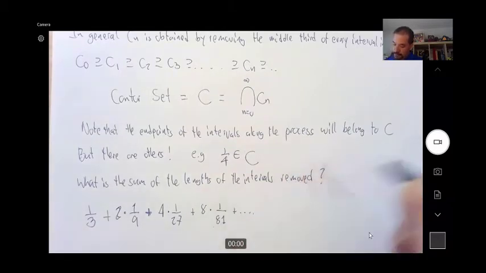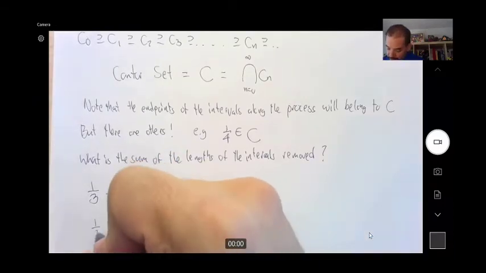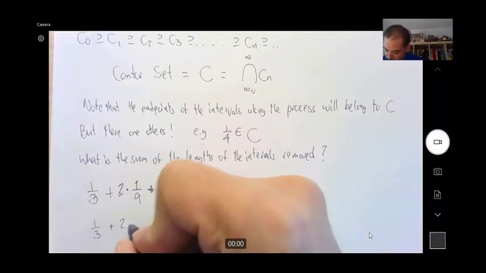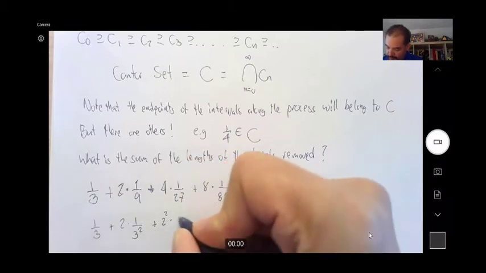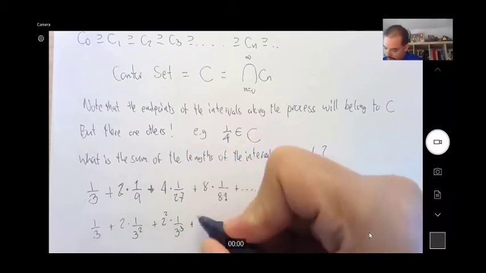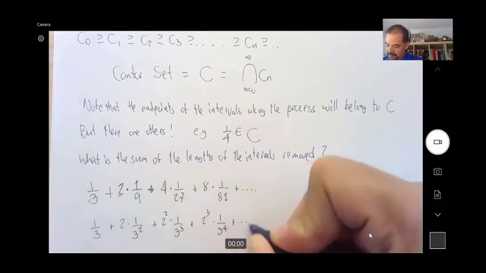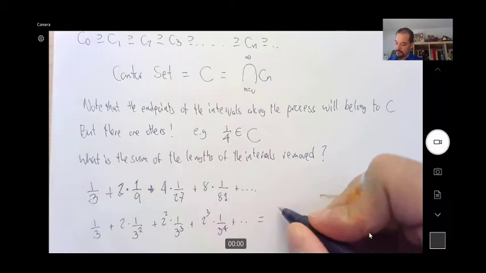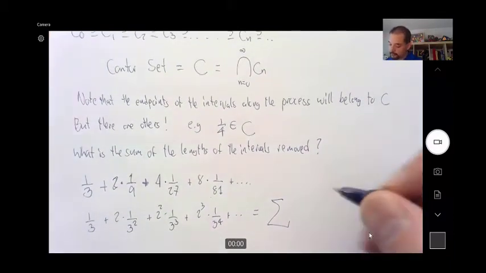In fact, it would be better if I write this with powers of 2 and 3. So this is 1/3. The next one is 2 times 1/3 squared. The next one is 2 squared and 3 cubed. The next one is 2 cubed and 3 to the 4th. And then it's easy, right? Then I can actually write it like this. It's this series that I think we should be able to do.